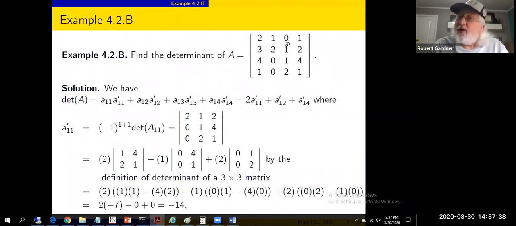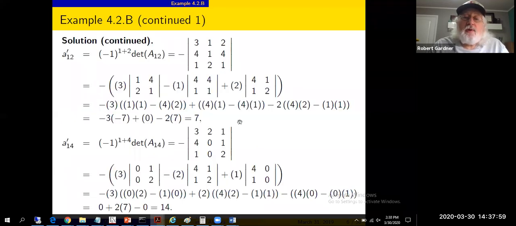third important cofactor, is A14 prime. We didn't need to worry about the A13 cofactor because of the matrix entry of 0. But for A14, we'll go to the 1,4 entry, eliminate the row and column. We'll be looking at this matrix, 3, 2, 1, 4, 0, 1, 1, 0, 2. That's what we have here.